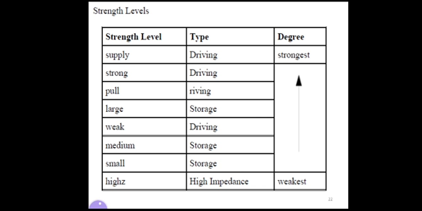High impedance, high Z, is separate. Here the strongest is supply and the weakest is high impedance Z.